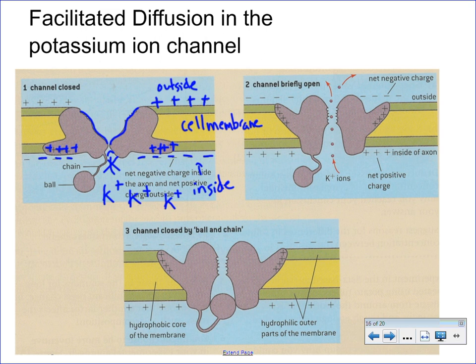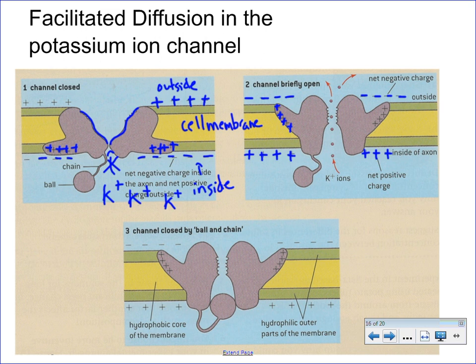During a nerve impulse, the charge on the membrane will now become flipped. So now the outside of the cell will gain a negative charge, and the inside of the cell will gain a positive charge.